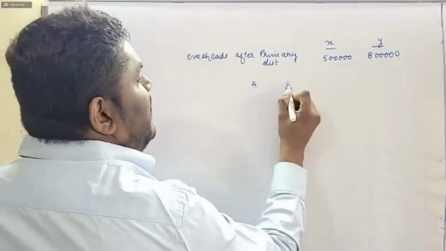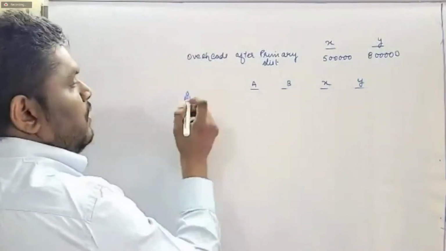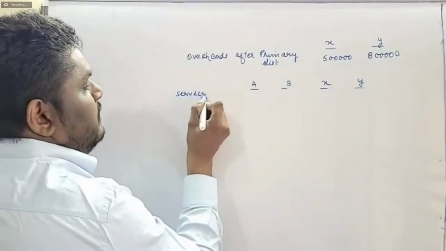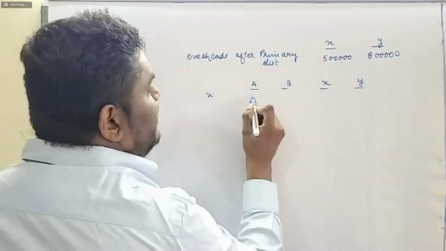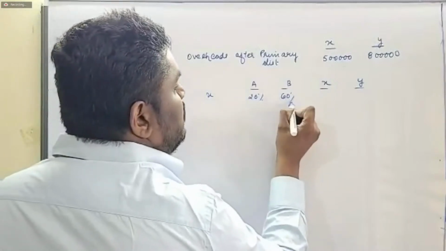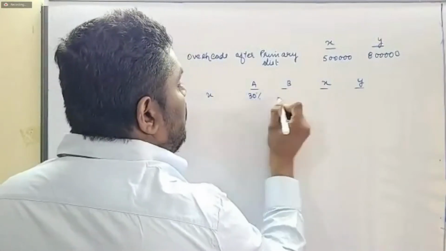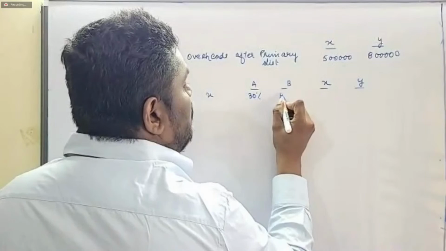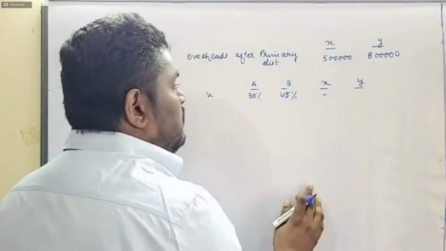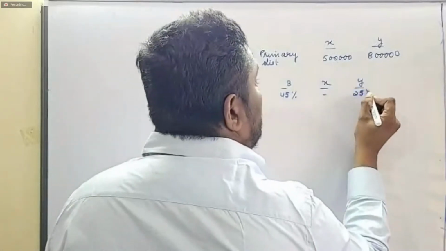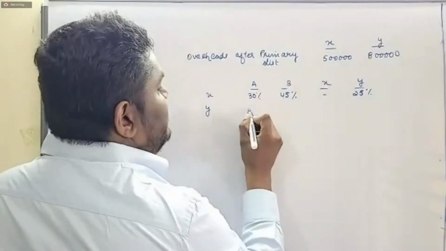Further, there are two production departments, A, B, and service departments X, Y. Service department X overheads are to be distributed in the ratio of, and the overheads of service department Y are to be distributed in the ratio of.